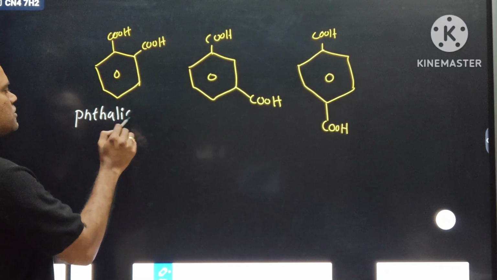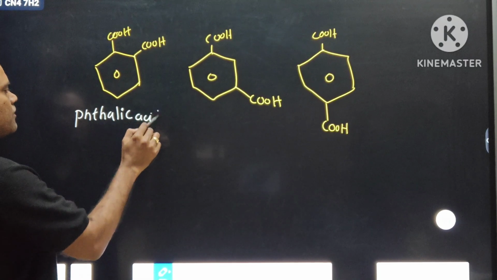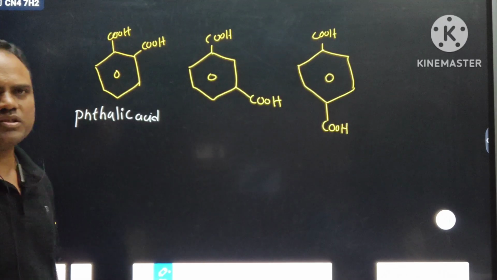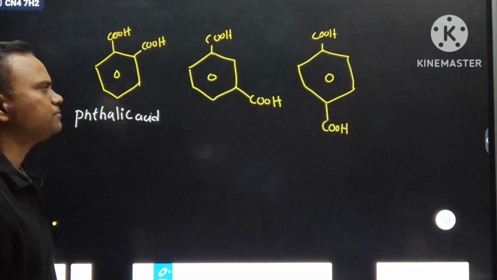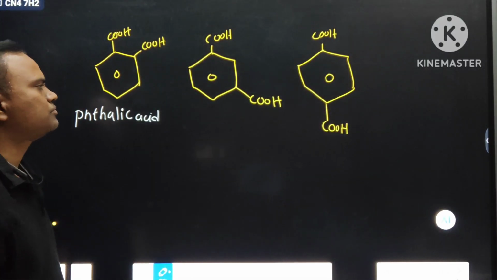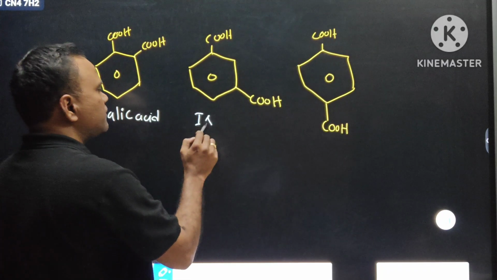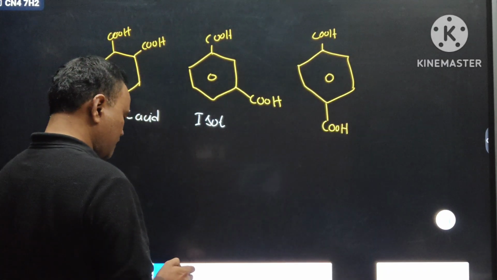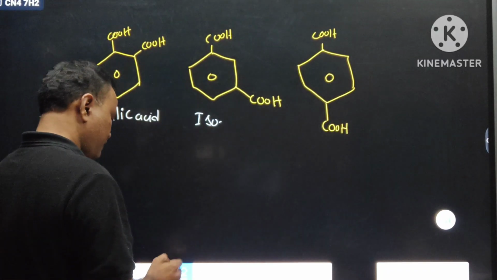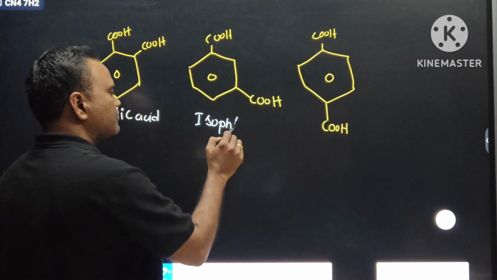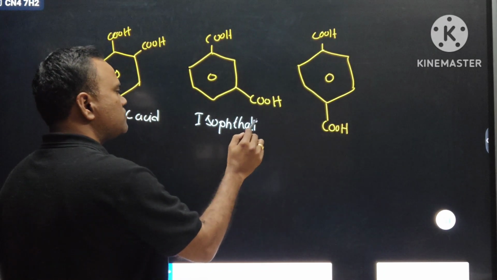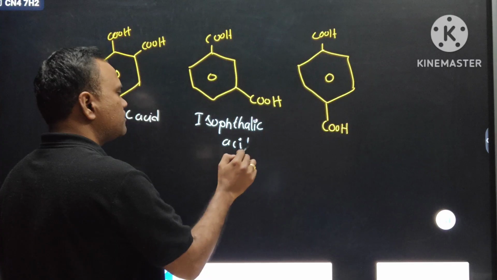Phthalic, how to pronounce this? Phthalic acid. Second one is isophthalic acid.